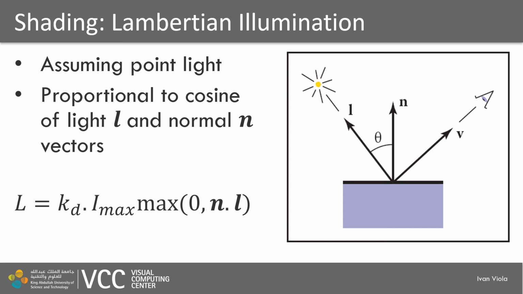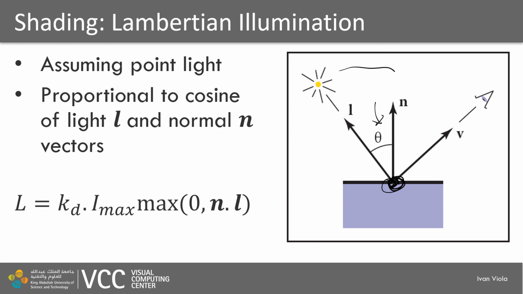Imagine that we have a certain illumination of a surface, and this illumination is at a certain angle to the normal. This angle theta is the angle between the normal at this surface position and the vector to the light source. The smaller this theta is, the stronger the illumination at this position.